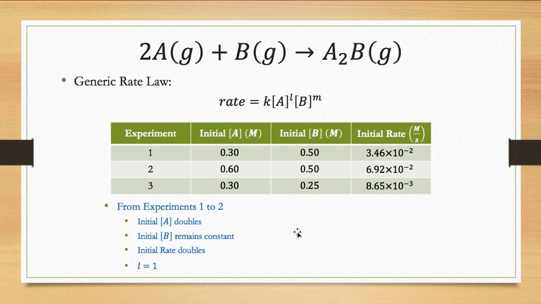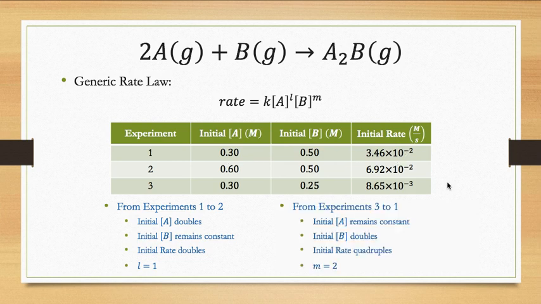So we want to figure out these situations where one of the reactants is remaining constant. In this case, it's B. The other reactant is changing, and how does that affect the rate? From experiment 3 to experiment 1, A is staying the same, 0.3 to 0.3, but now B is doubling.